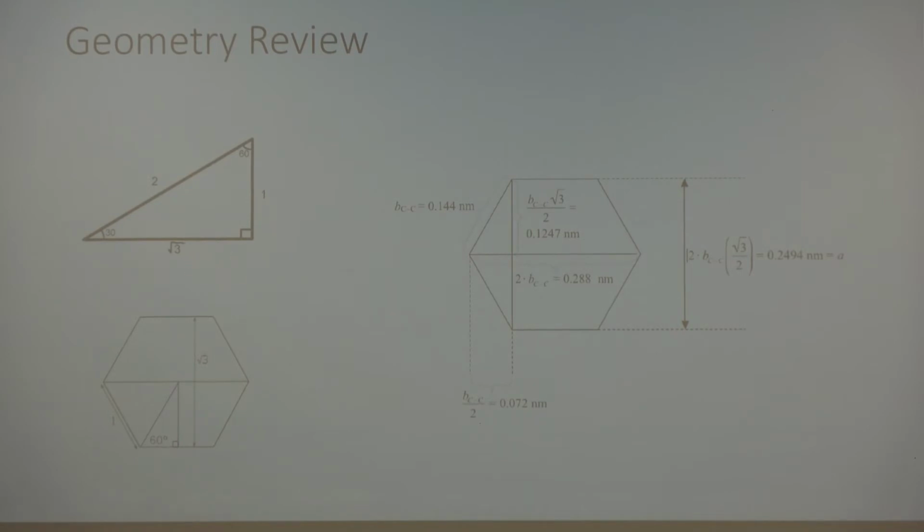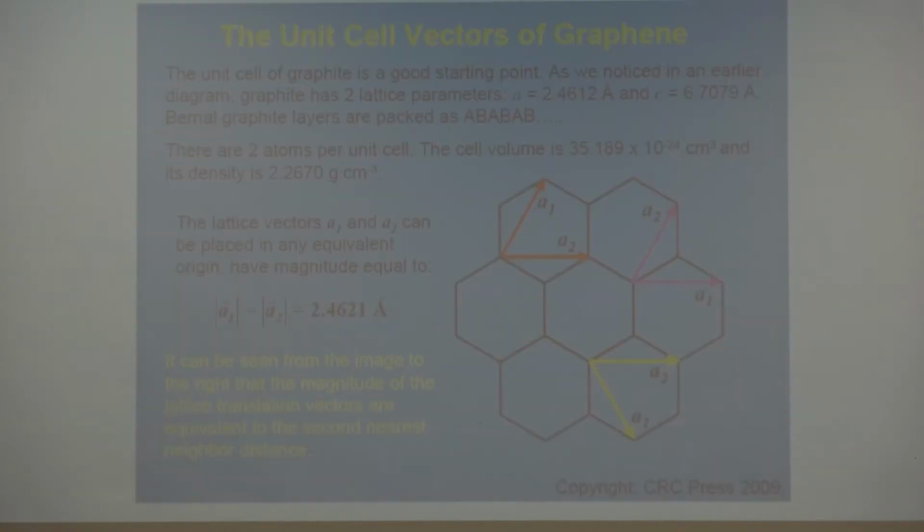So therefore, we can start to define the x and y vectors within A1 and A2 based on the carbon-carbon bond. Okay? Let me write it down and hopefully it'll make sense.